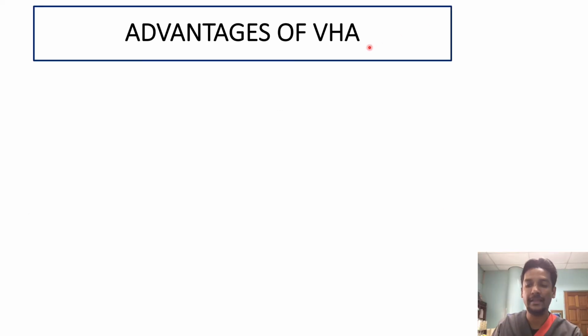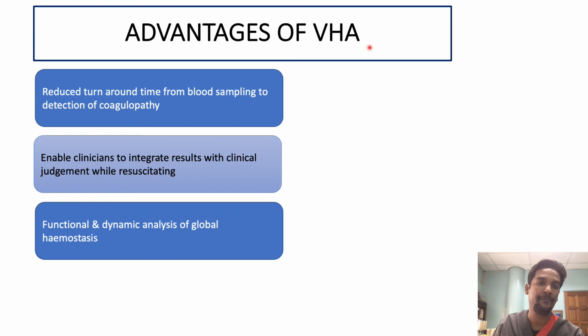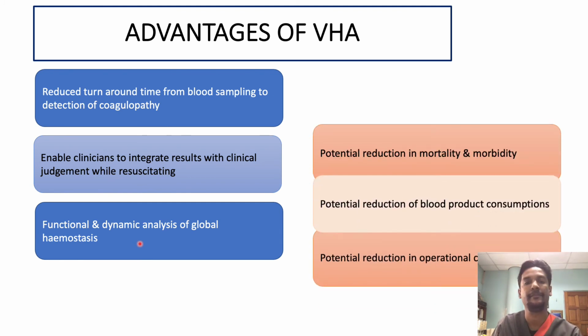The following are the advantages of VHA. Firstly, it reduced turnaround time from blood sampling to detection of coagulopathy. This is because it is a POC device which can be placed and run in ED itself. Secondly, it enables clinicians to integrate results with clinical judgment while resuscitating. It provides functional and dynamic analysis of global hemostasis with just a single test.